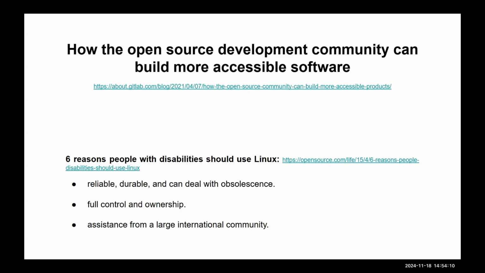And so this is another example here. This article, 6 reasons people with disabilities should use Linux. This is an argument for people with disabilities. And in this case, you could be thinking about any disability, but I'm thinking specifically now about people with mobility issues and the sorts of devices they need to use. If you know anything about mobility devices, they can be expensive and hard to repair.